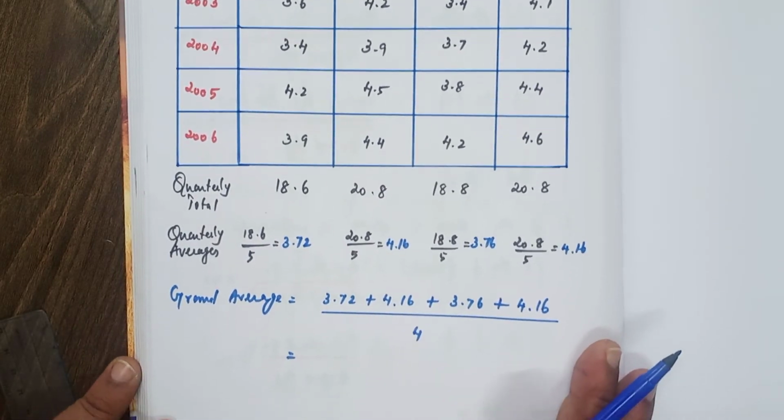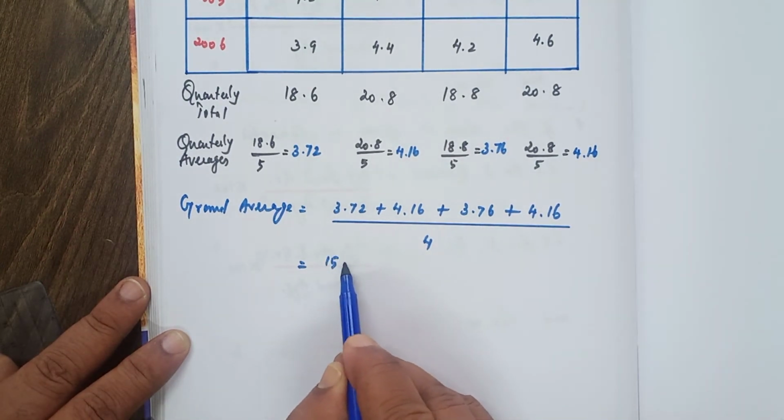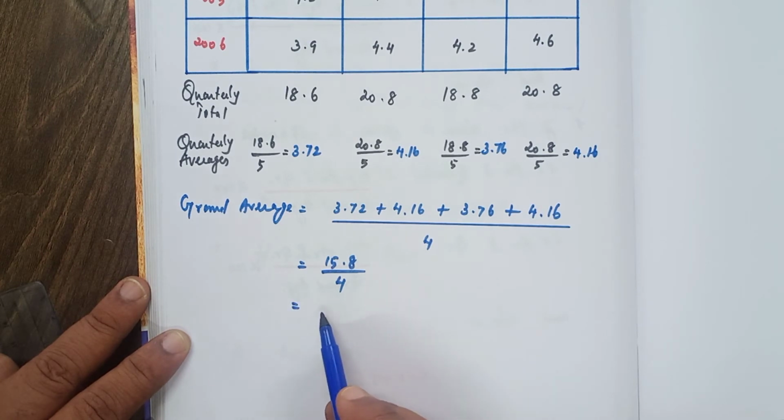If we add, we get 15.8, and 15.8 divided by 4 gives 3.95. That is the grand average.